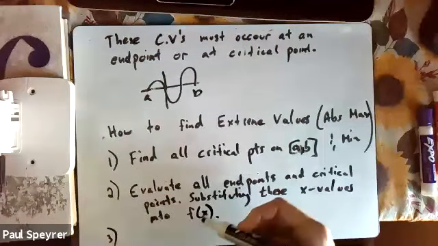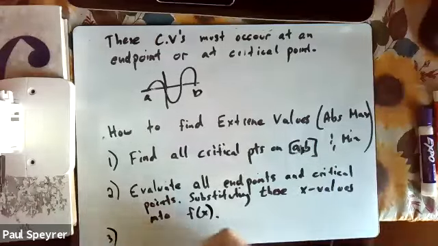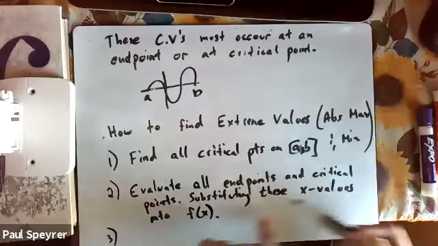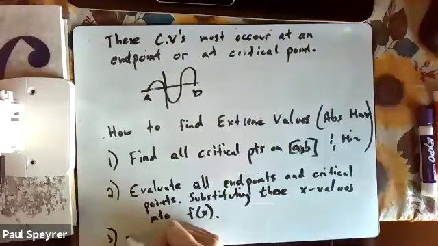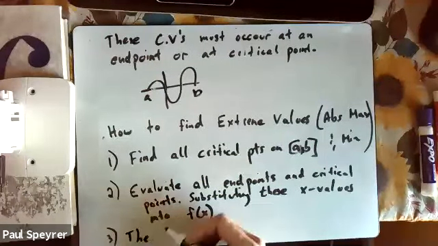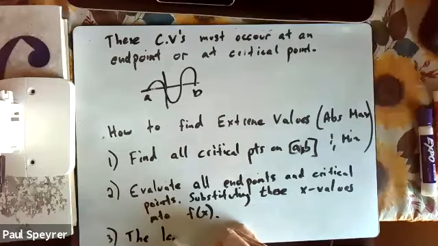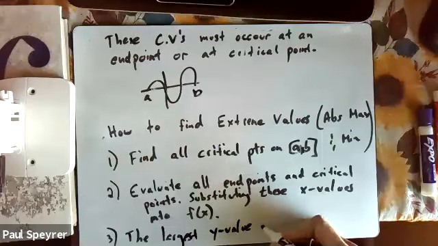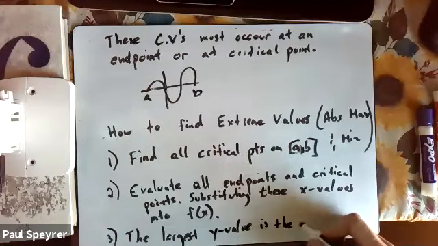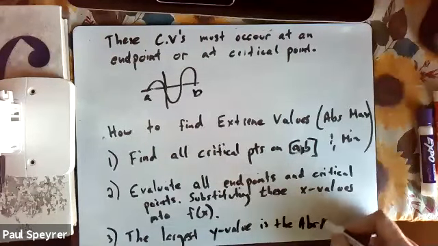And then whichever one of these values that you substitute in gives you the highest y value winds up being the absolute max. So the largest y value is the absolute max.